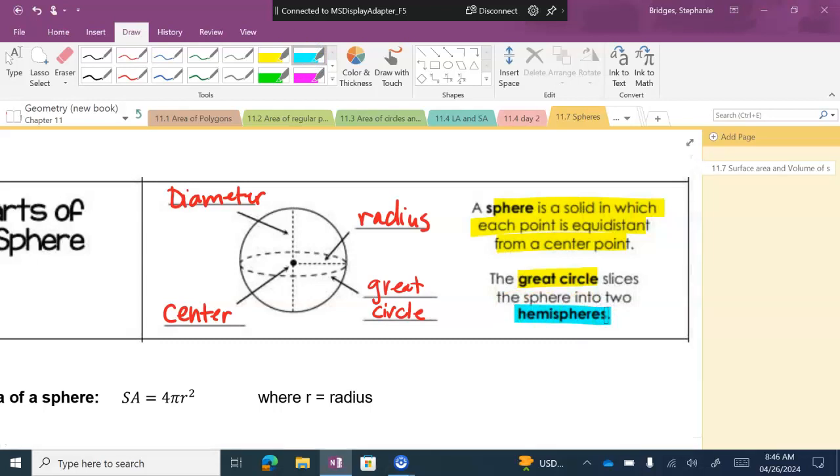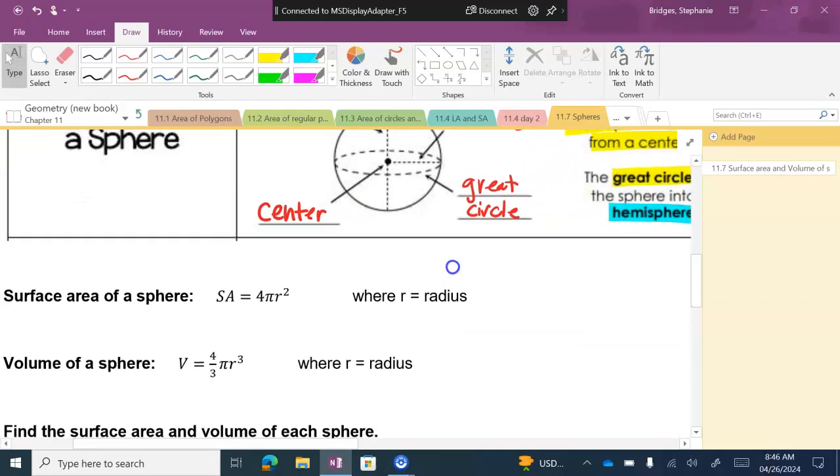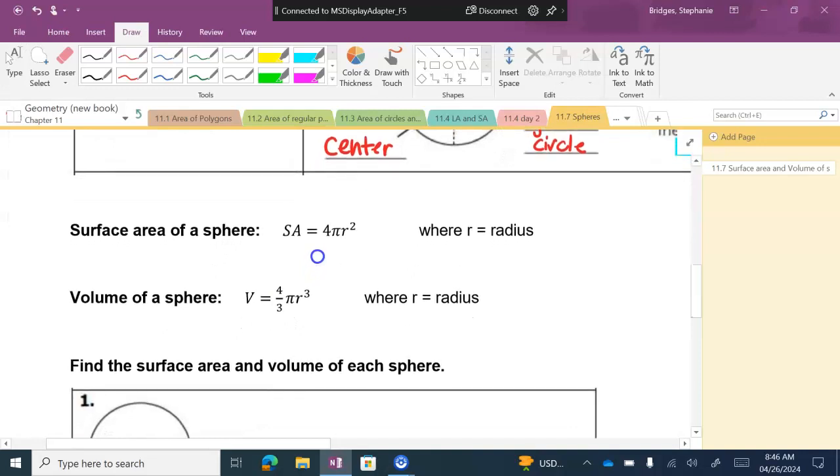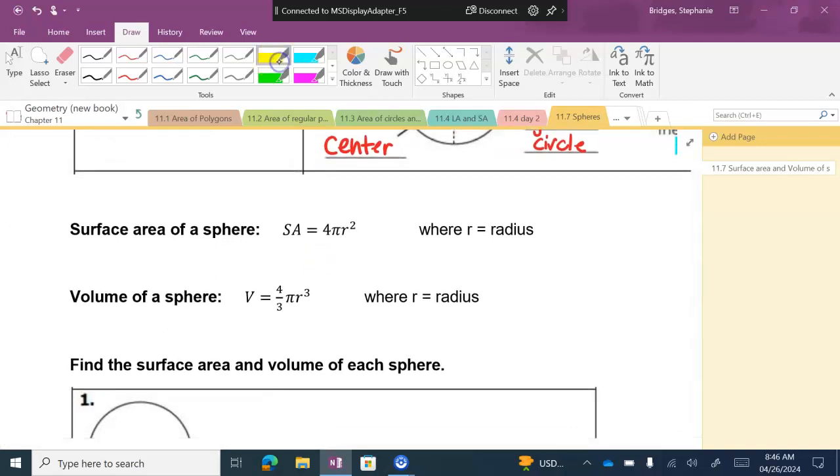Does everybody get it? So the diameter and the radius and the center are all the same as they would be in a circle. But then you have the great circle on a sphere, which is the distance around like the equator would be, and that also cuts the sphere into two hemispheres. So we're going to talk about finding the surface area of a sphere and then the volume of a sphere. Your formulas are right here on your paper. The surface area of a sphere is 4 times pi times radius squared.